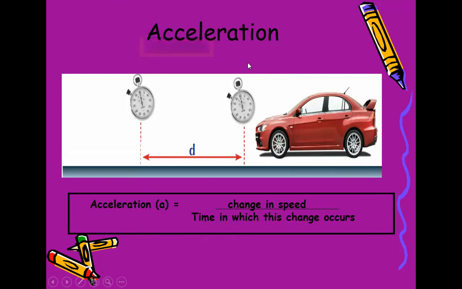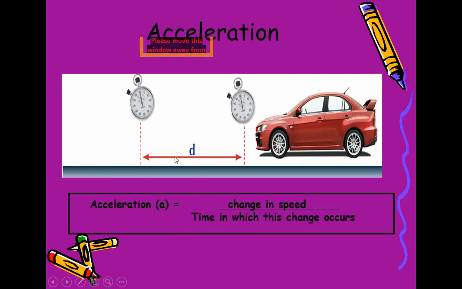Speed is related to distance and time. We calculate the distance and time, so I can calculate the speed. But acceleration is related to speed and time, so to calculate acceleration, I must know the speed first.